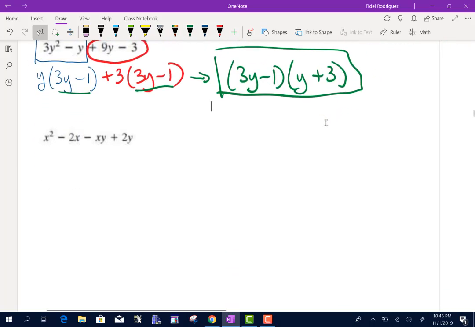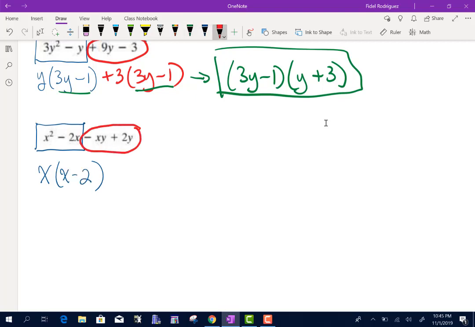Okay, last problem here. Let's box this. What do they both have? It looks like they both have the letter X. And I should be left with an X minus 2. Here, the first thing I want you to notice, guys, is there's a negative, so I'm going to put a minus sign. And they both have the letter Y, so I'm going to write down the letter Y. If I take away the negative and the Y, I'm still left with an X, right?